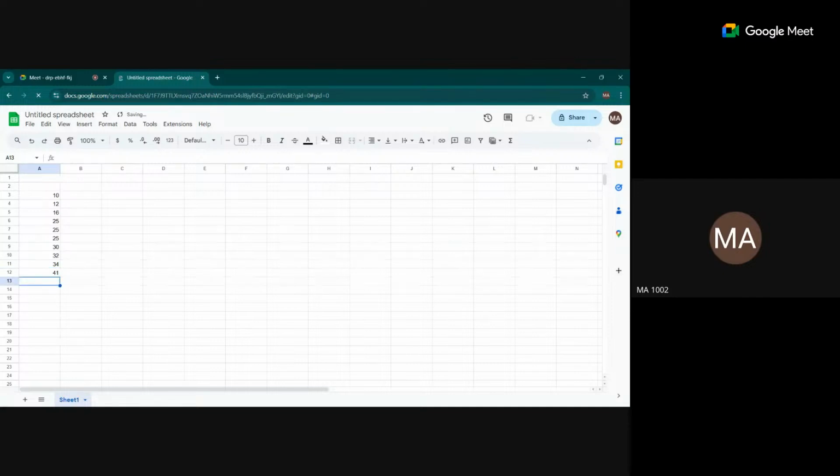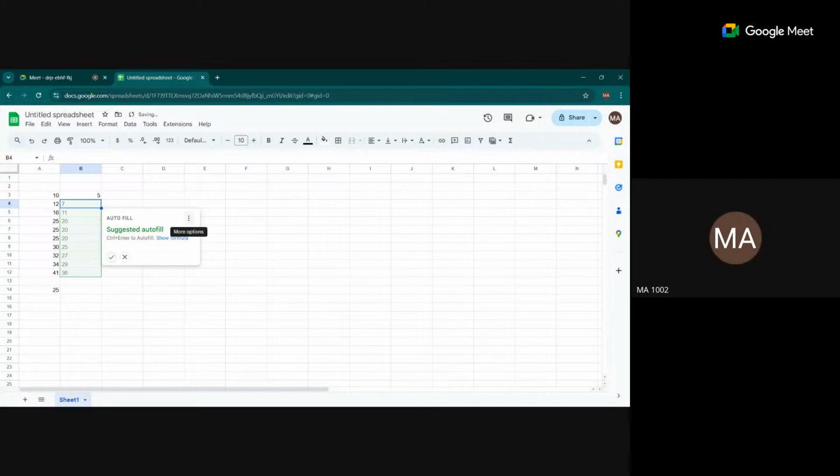Now I need to find the average of it. We don't need the old average, right? But let's just do it. So it is 25. There's no mistake there. Now, what I need to do is subtract 5 from this.